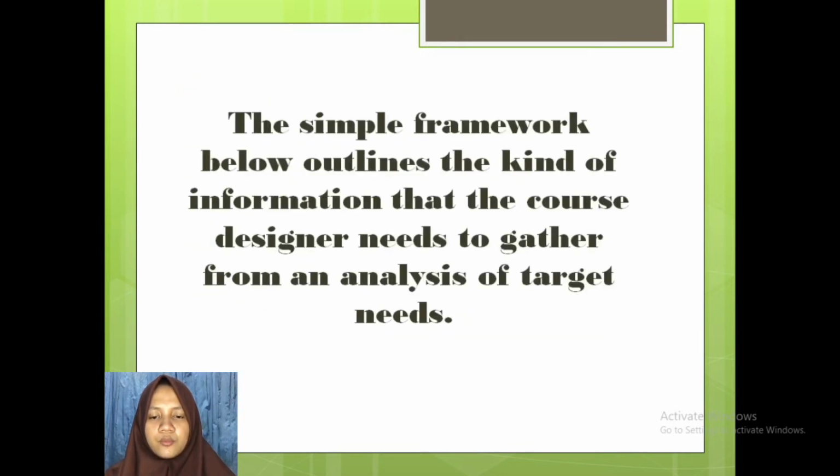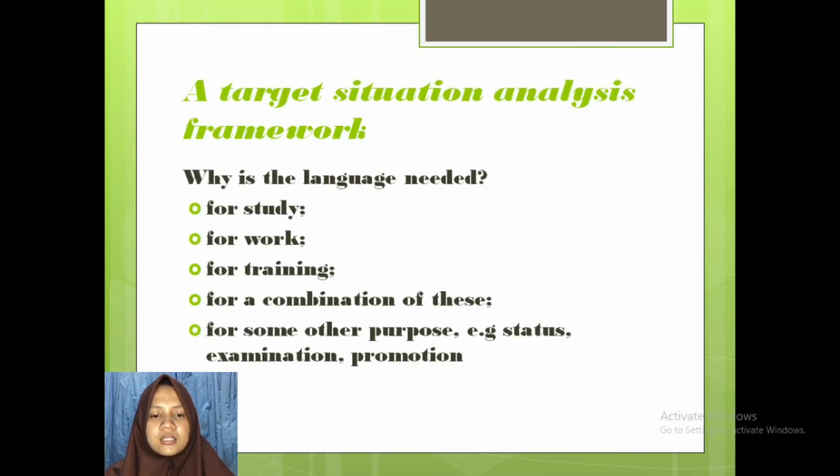The simple framework below outlines the kind of information that the course designer needs to gather from an analysis of target needs. A target situation analysis framework. Why is the language needed? For study, for work, for training, for a combination of these, or for some other purpose, such as promotion.